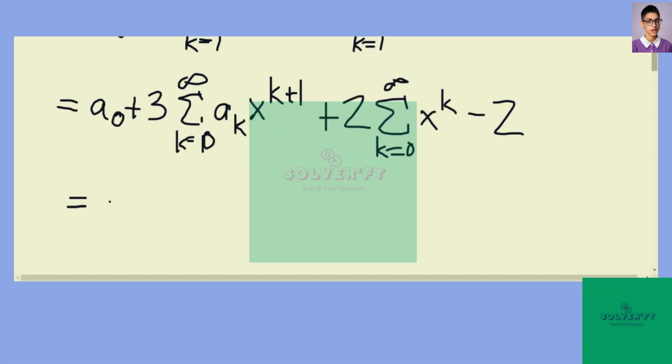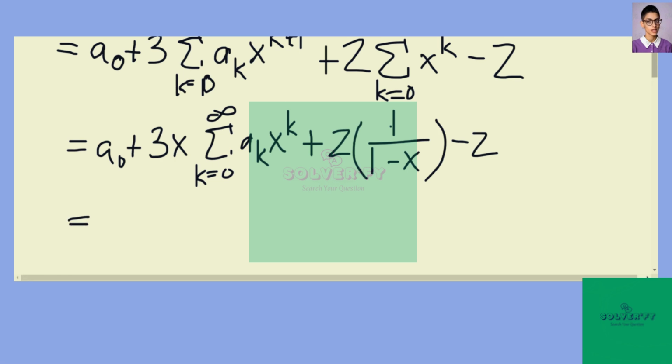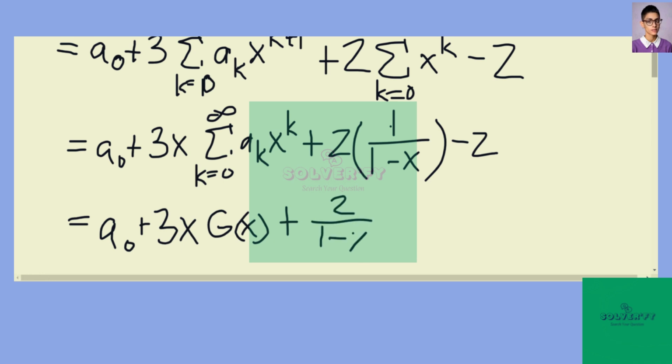This is equal to a_0 plus 3 times x times the sum from k equals 0 to infinity of a_k x^k plus 2 times, and this reduces to 1 over 1 minus x, minus 2. This is equal to a_0 plus 3x g(x) plus 2 over 1 minus x minus 2.